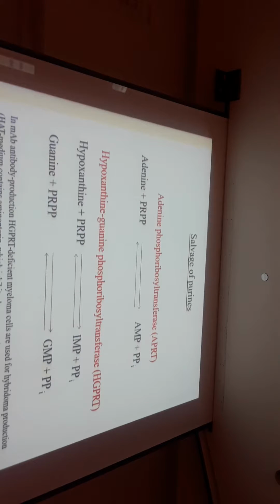The cancer cells that are deficient in this enzyme, and that's the type of cells you use in these fusions, will die off because they can't synthesize purines from scratch in this medium, which contains aminopterin, and they can't produce inosinate or GMP utilizing this salvage pathway because they're deficient in this enzyme.